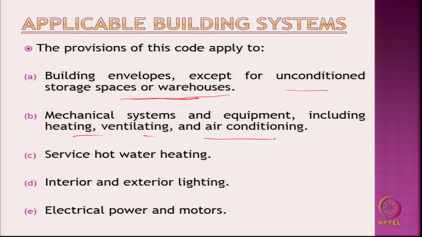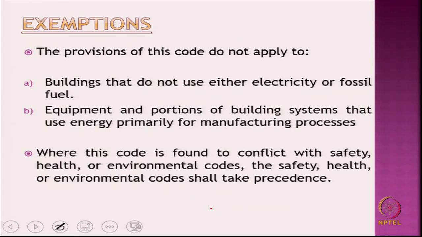So, it gives you a guideline related to that as well. Services, hot water supply systems, interior and exterior lighting, and electrical power and motors, everything. So, they give guidelines for consumption, minimum consumption. Well, some exceptions are made because of the code.